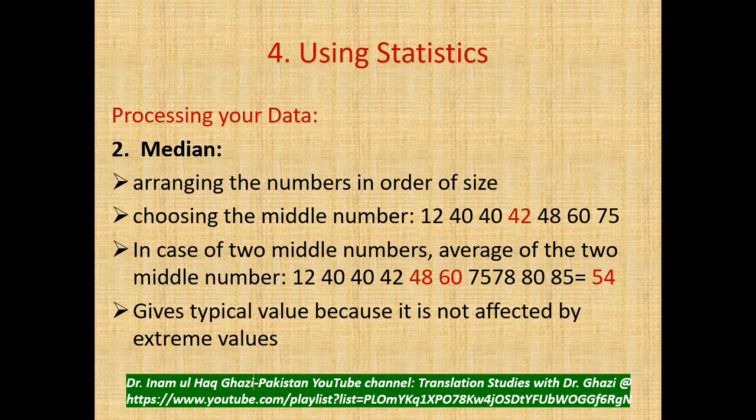Here are 10 values: 12, 40, 40, 42, 48, 60, 75, 78, 80, 85. The middle two numbers are combined and divided by 2, and then we have 54. Median gives a typical value because it is not affected by extreme values.